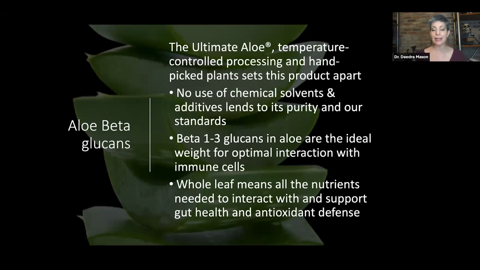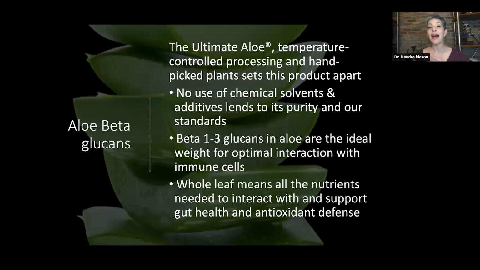Aloe naturally, especially when processed the way the Ultimate Aloe is processed, in a temperature-controlled environment with no solvents, no additives, we get to hold on to not just all of the benefits of the aloe polysaccharides called beta-glucans, which are brilliant to supporting a healthy gut barrier, which is so important to protect yourself from free radical damage, from inflammation concerns as we age, or those that are related to poor dietary choices.